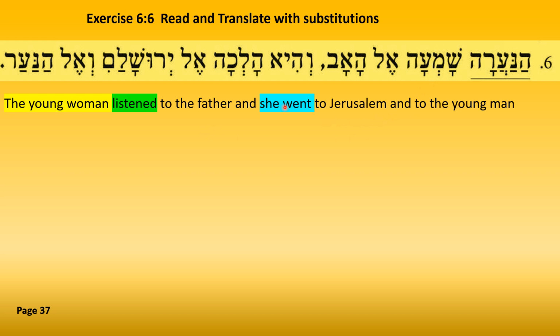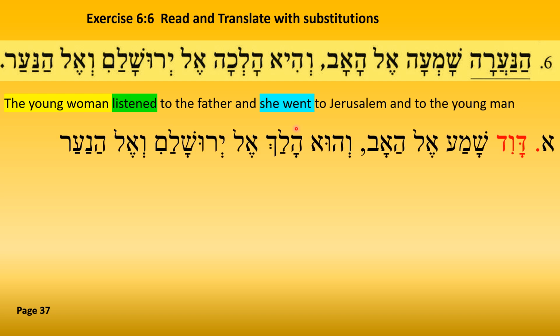So again, in exercise 6, number 6, we have the subject that's going to be substituted. We have the verb that goes with it. We have whatever pronoun and verb that also will need to change in the sentences. So we begin the sentences here.